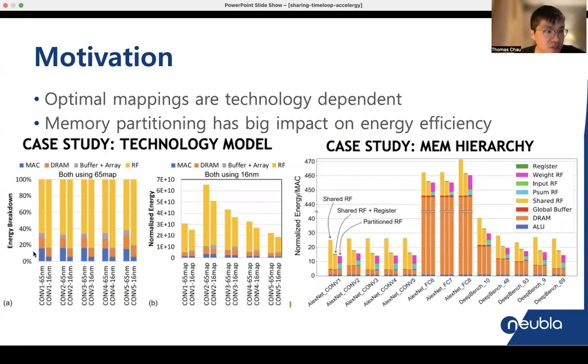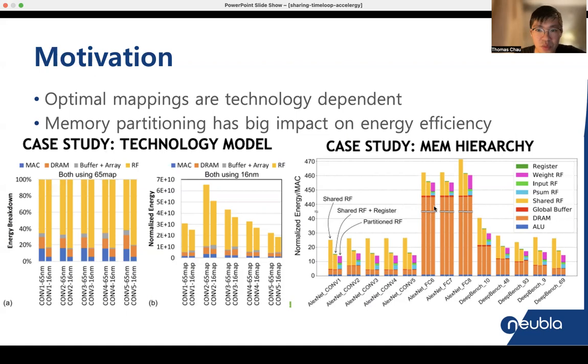The figure on the left here shows that we need correct technology models and an accurate cost model to find the optimal mapping. With the same architecture, workload, and mapping, as they move across technologies, like here from 65 nanometer to 16 nanometer, the energy breakdown actually changes. On the other hand, given the same architecture, workload, and technology, a mapping based on a different technology could be suboptimal.